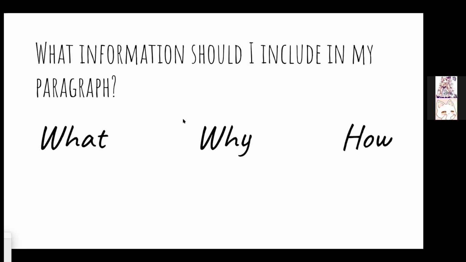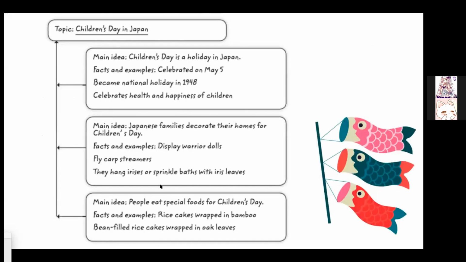So let's look at the example from the book. What is the topic of this plan? What is our topic here in this example? Children's Day in Japan. Okay, and then this graphic organizer is organized into 3 different main ideas.